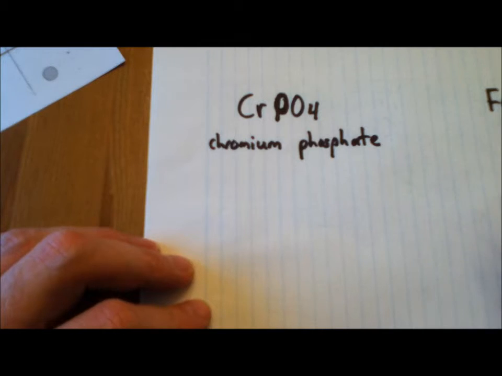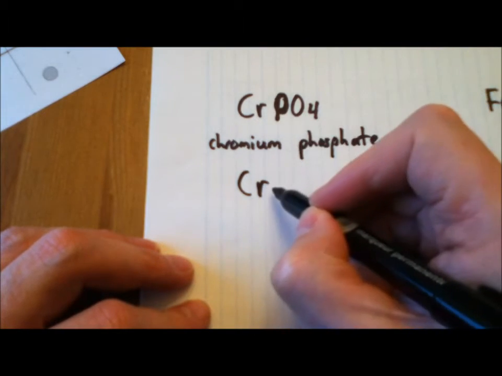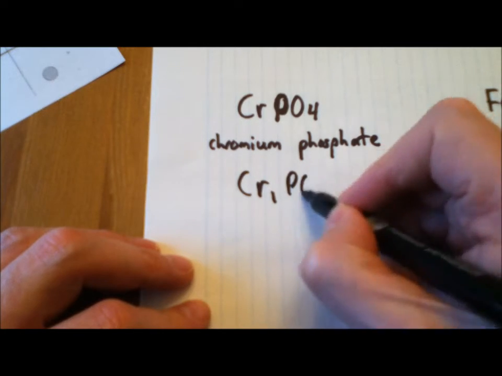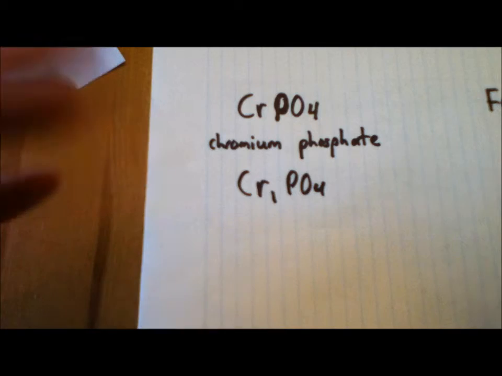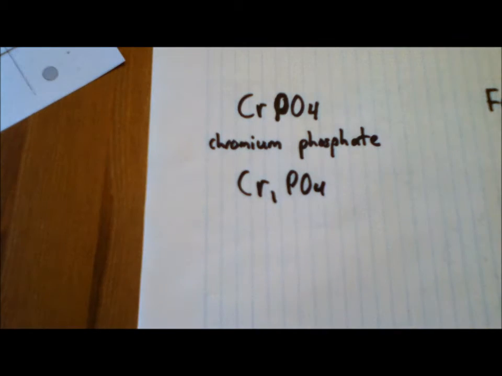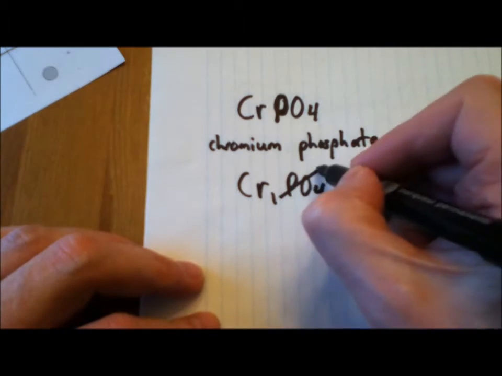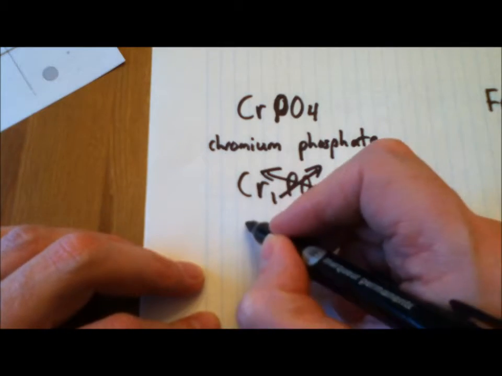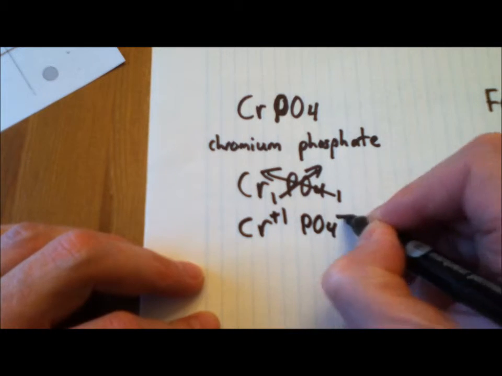If we write Cr, and again, it's an unwritten 1 there, so we put the 1 there, and we've got PO4. We only have one of those PO4s. Remember, we treat polyatomic ions as one thing. We just have one of them. So we reverse the crisscross, and we end up with Cr positive 1 and PO4 negative 1.